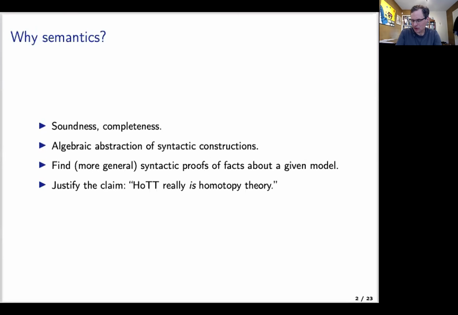Okay, I see another question in the chat. Is there a bridge between type theory and test categories?